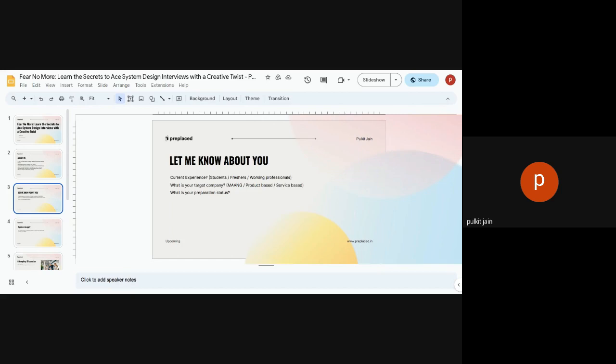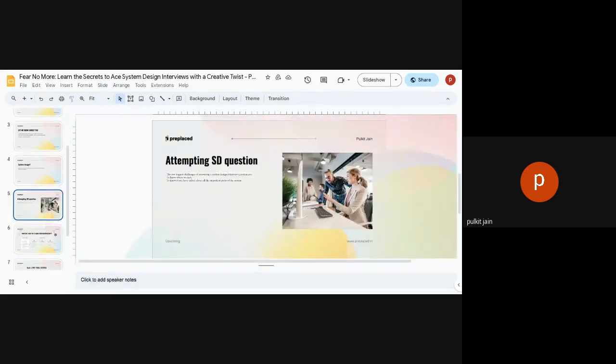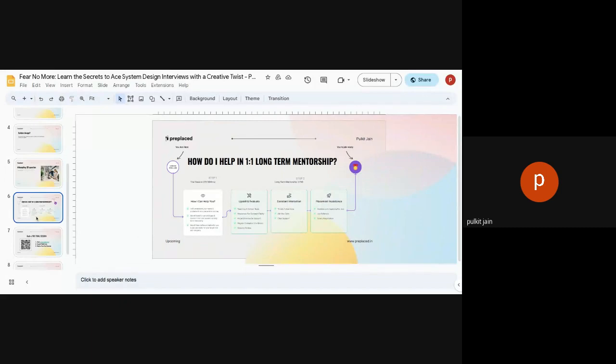All right, we are towards the end of the session, so I would like to talk about a few more things. On how to attempt system design questions, like I talked about in between, you have to write more modular, more maintainable code, because that's what companies are looking for.